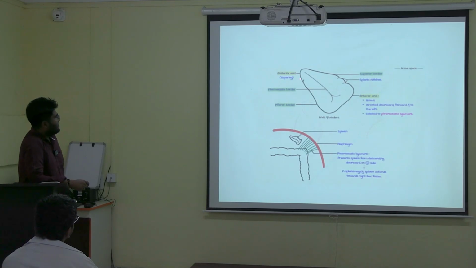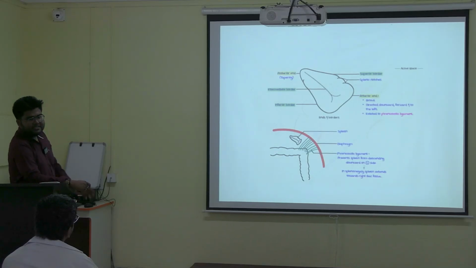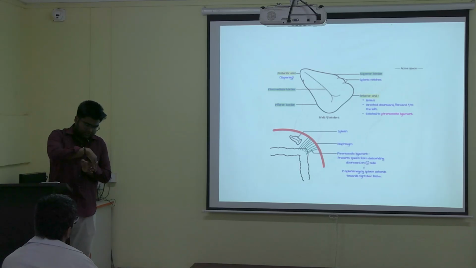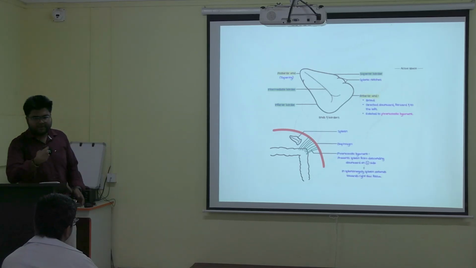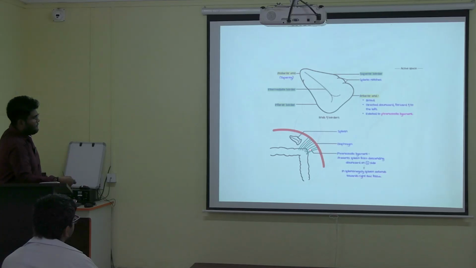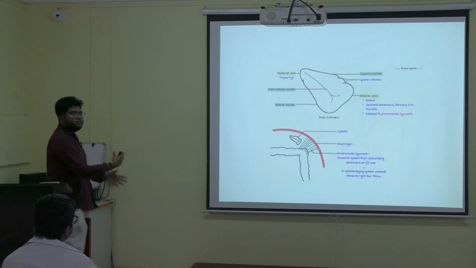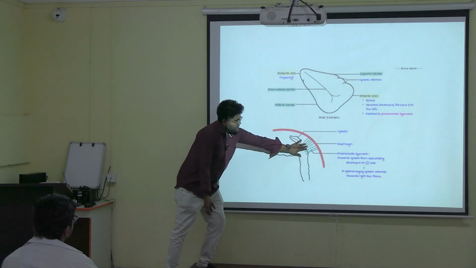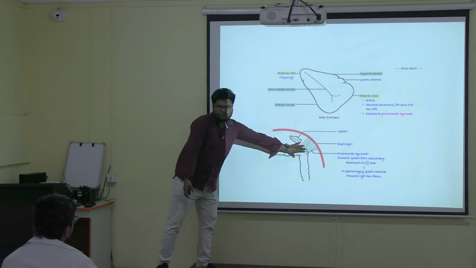There are mainly 2 surfaces. One is the visceral surface, which is closely related to the viscera, and another is the diaphragmatic surface, which is related to the diaphragm. In the visceral surface you can see one ligament, the phrenicocolic ligament. If splenomegaly happens and this ligament were not there, the spleen would be displaced downward.